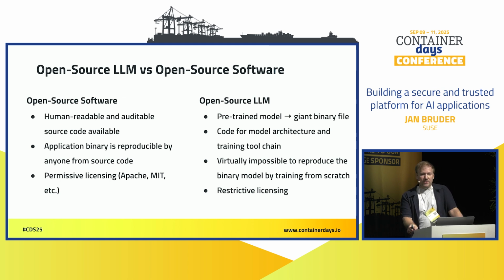In terms of source code, what is available most of the time is the model architecture as source code, and maybe also some tool chain, some scripts, on how this model was trained. But there is no real source code of the model. Some models also provide the training data set, but most of them really don't.